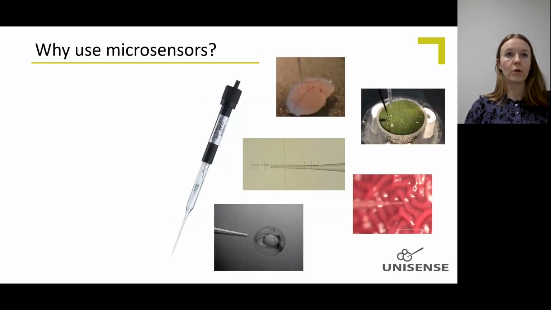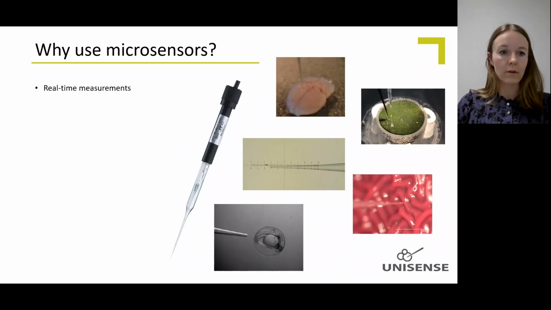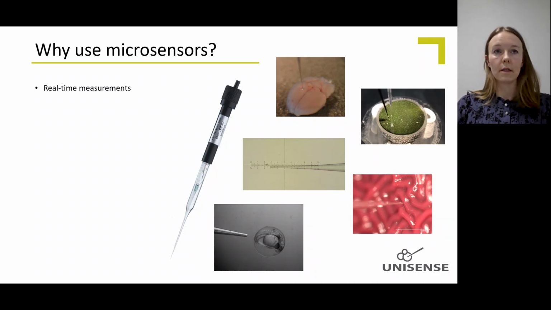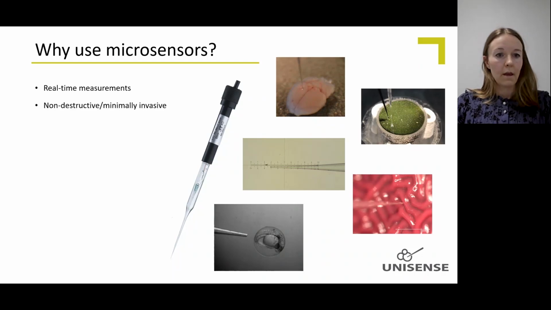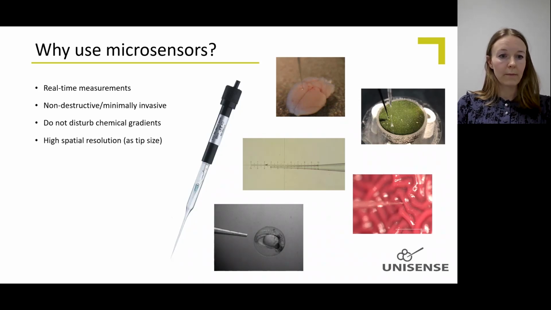So why should you use microsensors? First of all, you will get real-time measurements. This means that you can follow the sensor signal all the time. Because of the small tip size of the sensors, you get a non-destructive or a minimally invasive measurement, and you do not disturb the chemical gradients in your sample. With the small tip size, you can obtain a high spatial resolution.